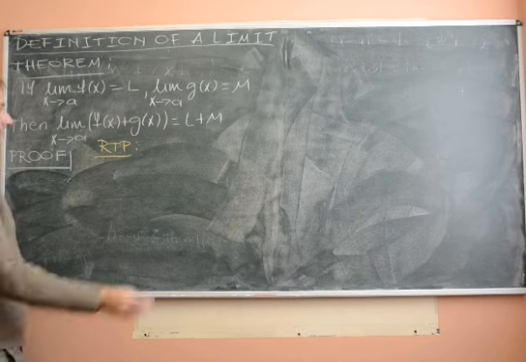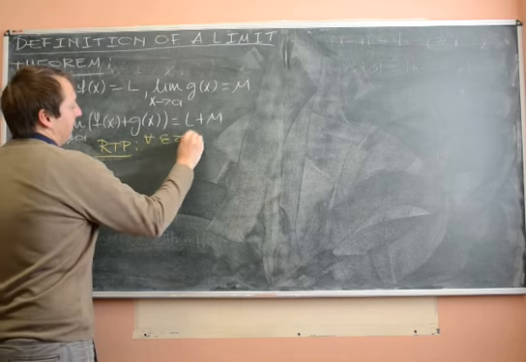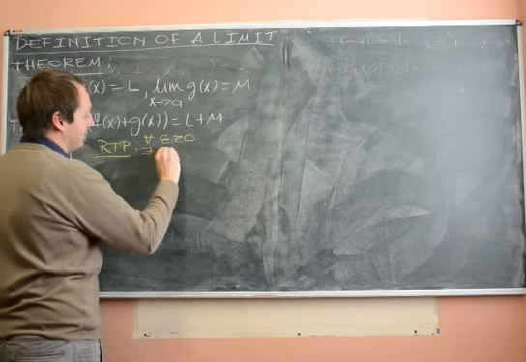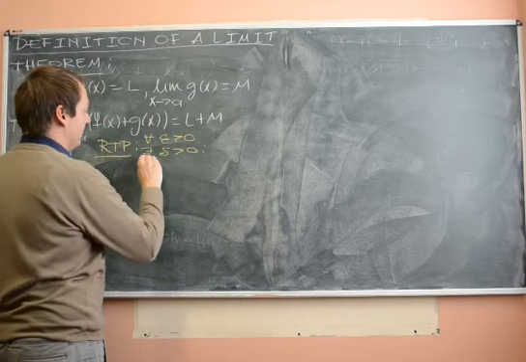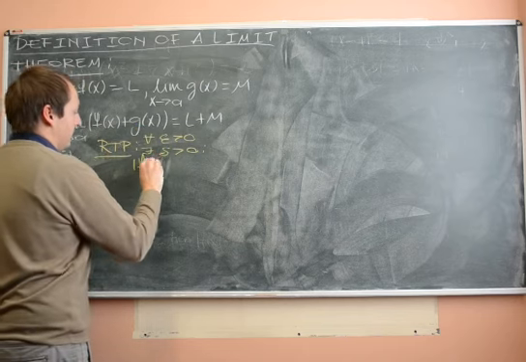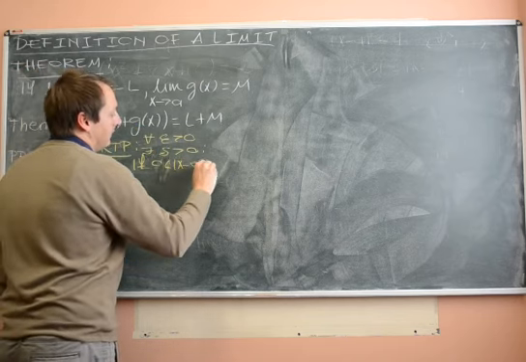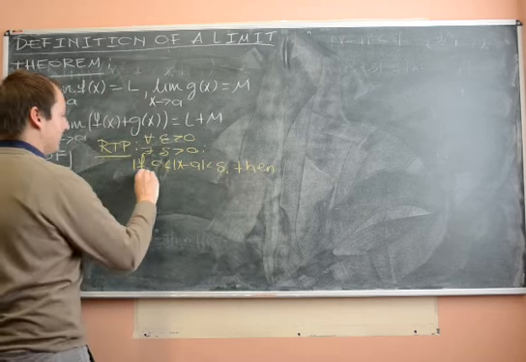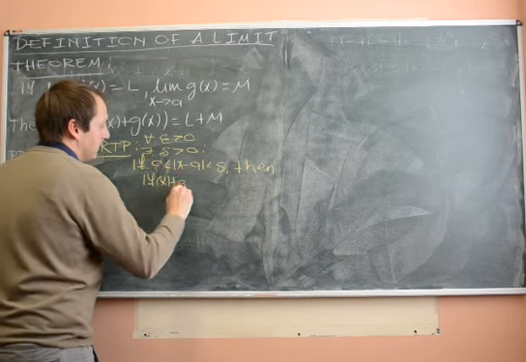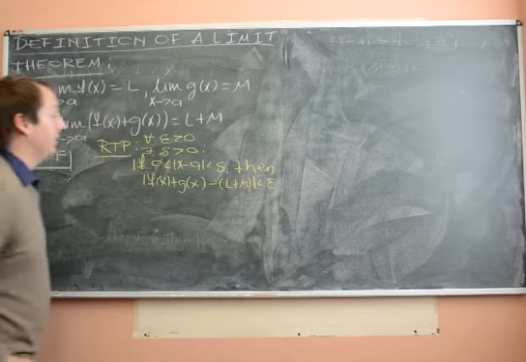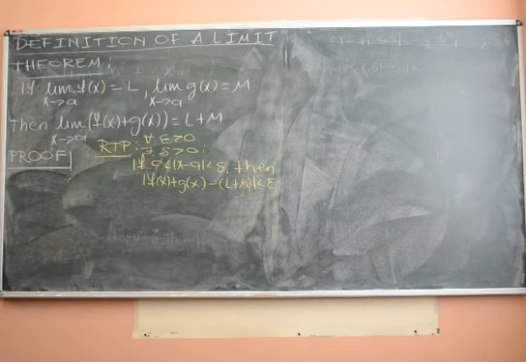Required to prove: for every positive number epsilon, there exists a number delta bigger than 0, so that if the absolute value of x minus a is between 0 and delta, then the absolute value of f of x plus g of x minus L plus m is less than epsilon. So this is what we want to prove. Now let's look at the actual proof.